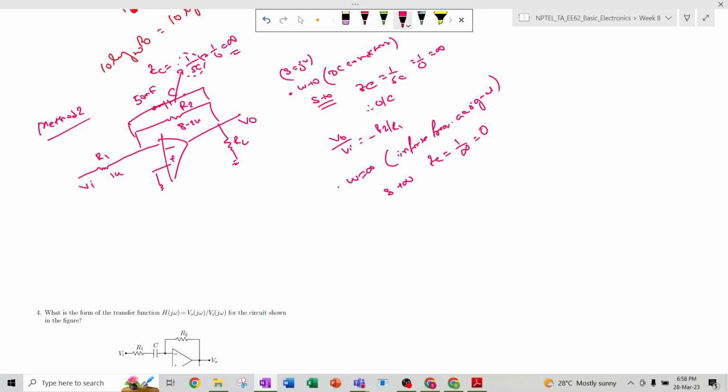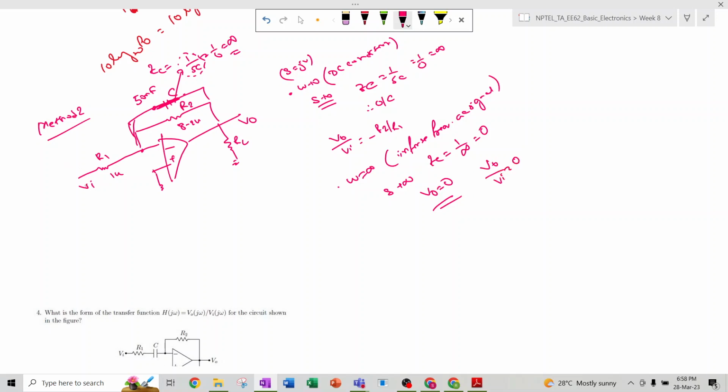So the capacitor acts as a short circuit. Then V0 will be equal to 0 because it is ground. This terminal will also be ground, and that is shorted with VO. So V0 divided by Vi is equal to 0.